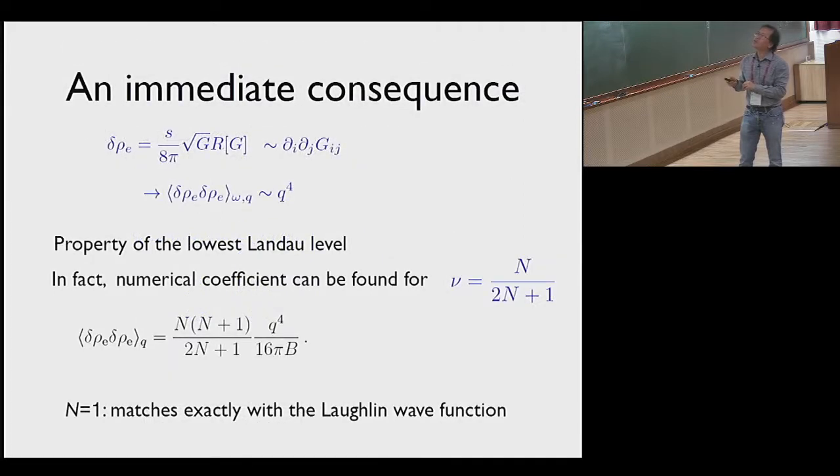From that, we can show that the density correlator of the electron has to be q to the 4. It's very easy: the curvature is the second derivative of the metric, and so its correlation function of rho and rho has to be q to the 4. Even the numerical coefficient can be calculated and matched exactly with the prediction from the Laughlin wave function.